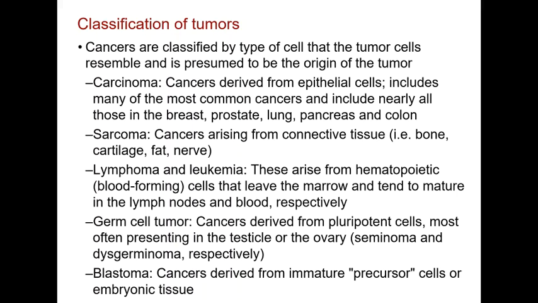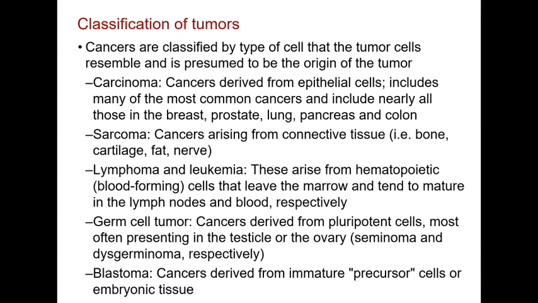cell tumors, and blastoma. Carcinomas are those derived from epithelial cells, and most of the common cancers, almost all types of cancers found in breast, prostate, lung, pancreas, and colon, are carcinomas. Sarcomas are those which arise from connective tissue, that is, cancer cells that arise from bone, cartilage, fat, nerve.